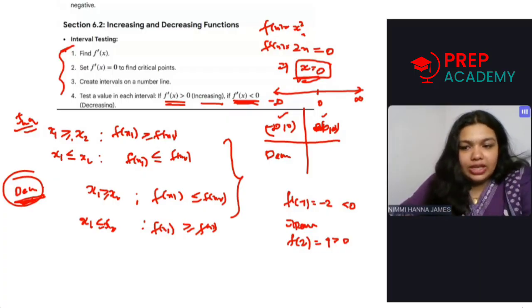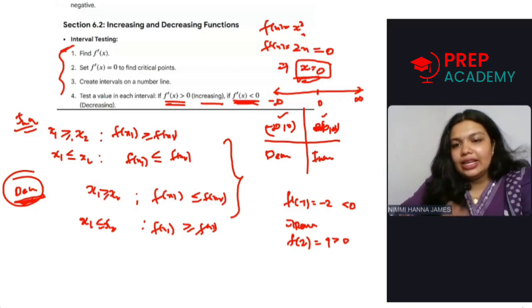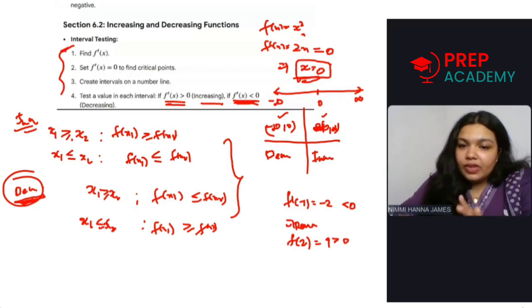If it is less than 0, it is a decreasing function. If it is greater than 0, it is an increasing function. So here the interval is decreasing and then increasing. That's how we find whether the function is increasing or decreasing.